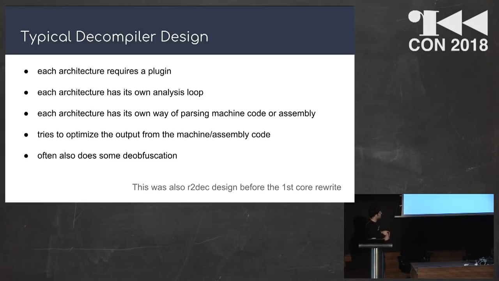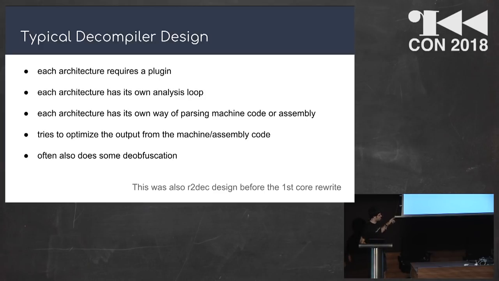It will try to optimize the code, and sometimes also try to do some deobfuscation. Like if you have a bunch of registers that are loading stuff but never used, then maybe you can just remove them and optimize the code by doing that.